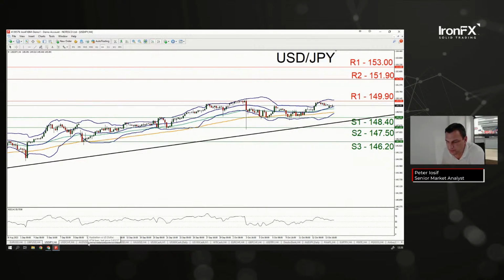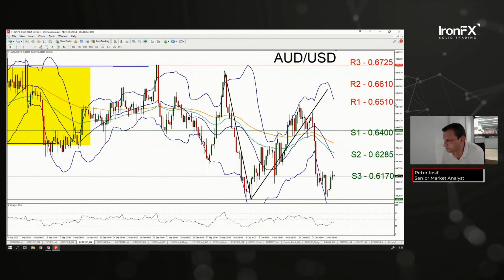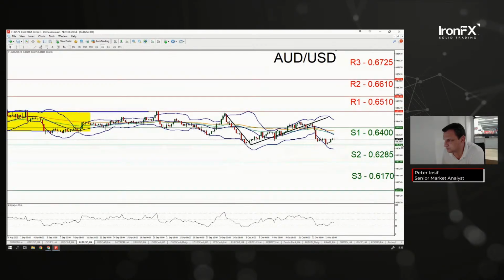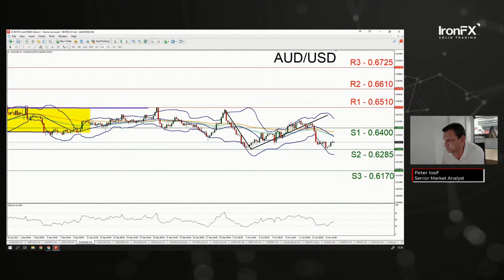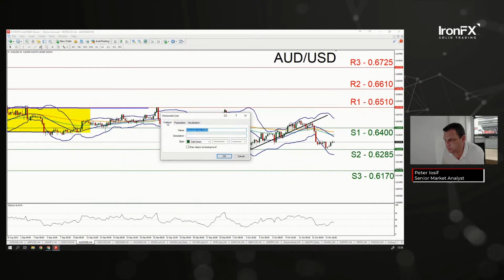Let's have a look at the Aussie. Okay, AUD definitely has moved below the S1, 0.64, so that should be colored in red.